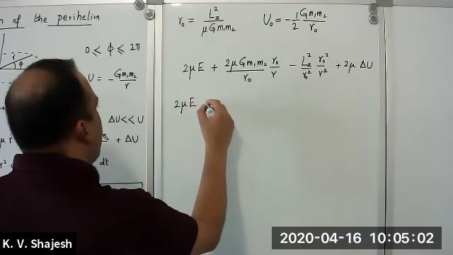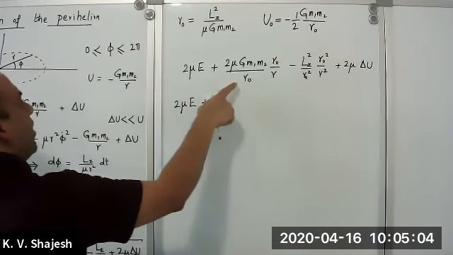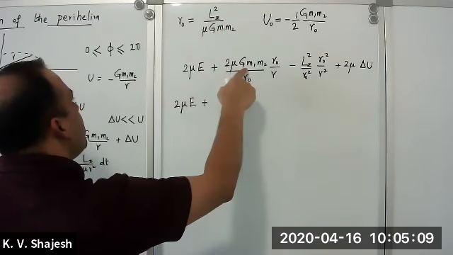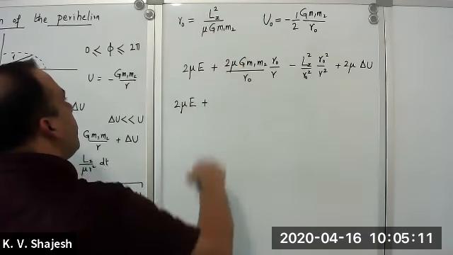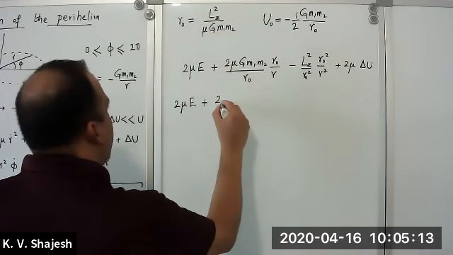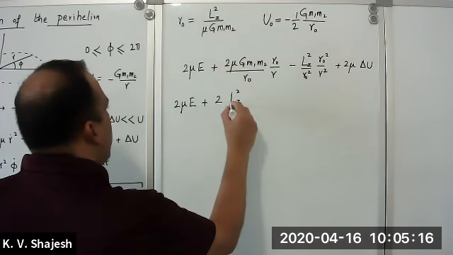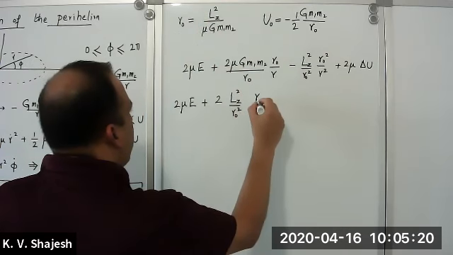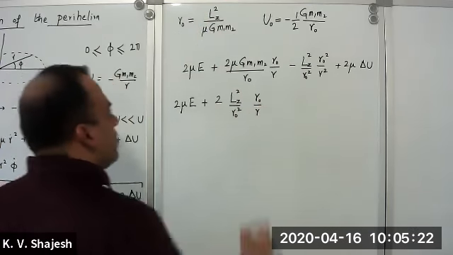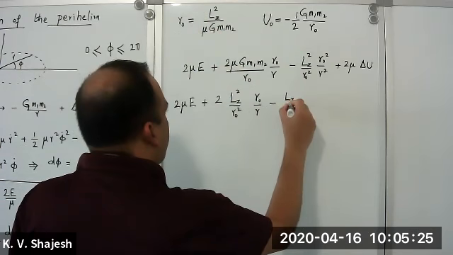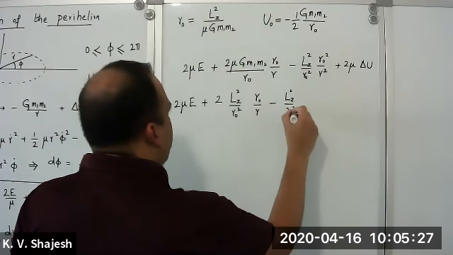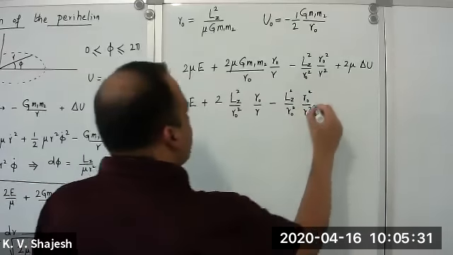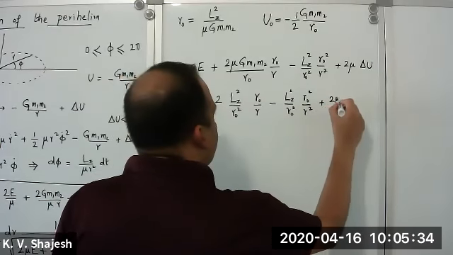So this is equal to plus. I'll have LZ square, or I can replace this with mu LZ square over R naught square. So it is 2 times LZ square over R naught square, correct? And we have R naught over R. Good. So that's minus LZ square over R naught square over R square, and plus 2 mu delta mu.